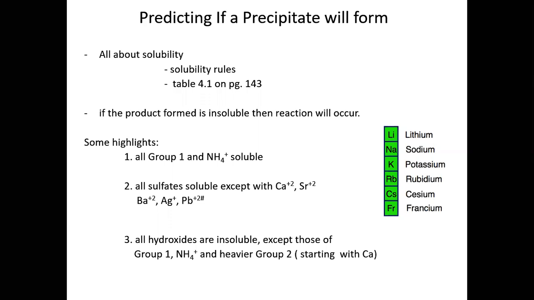So for example, for halides, and halides are your group 17 anions.